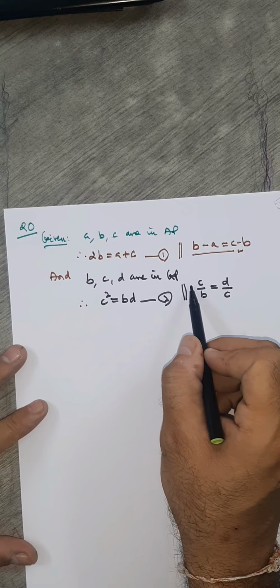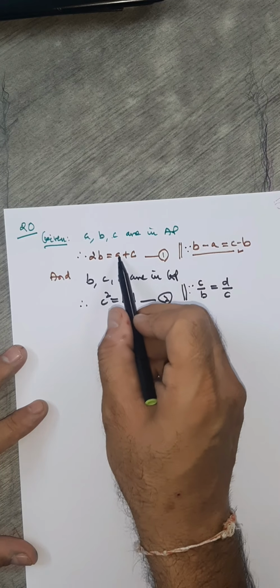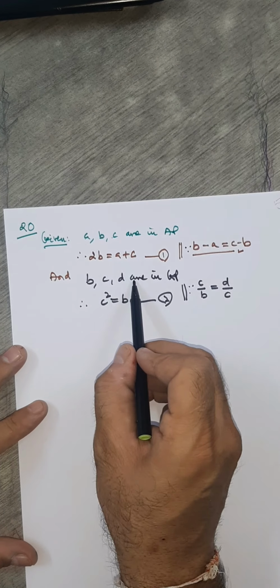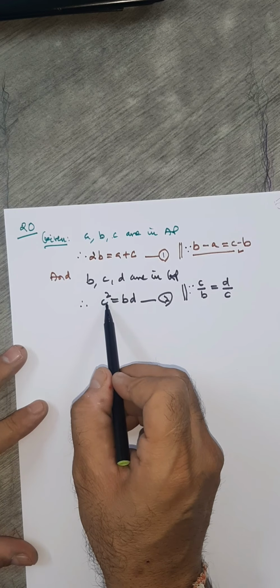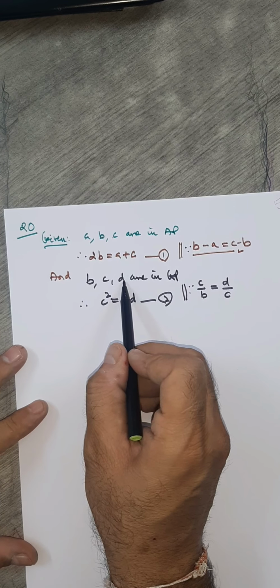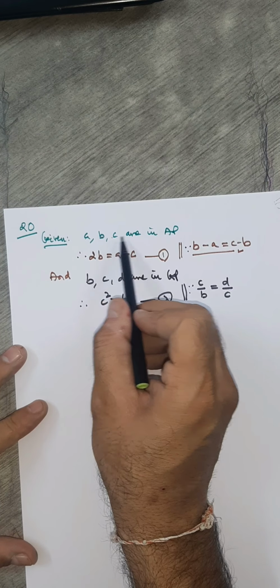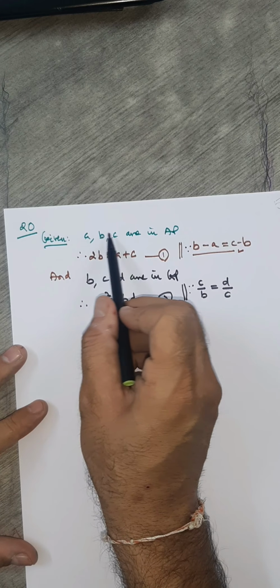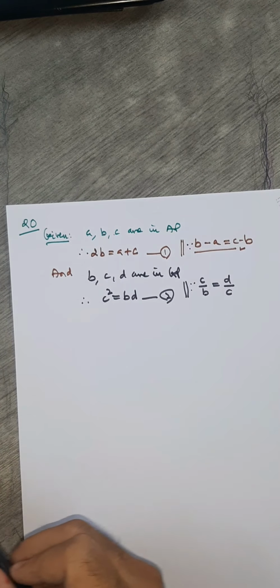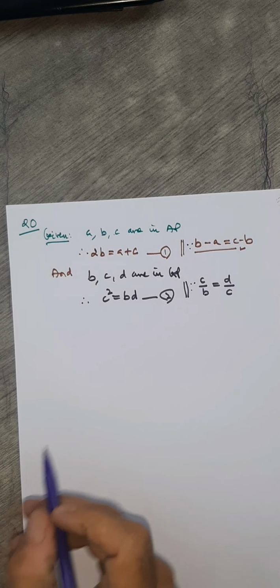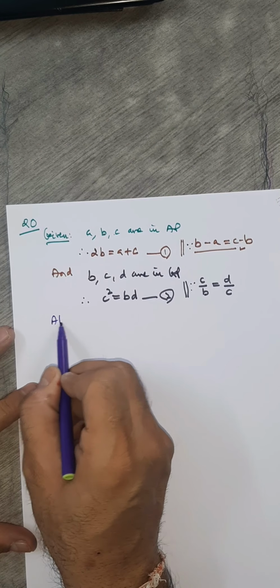So C² equals BD. You can write directly whenever three terms are in GP, the square of the middle one equals the product of the other two. Whenever three terms are in AP, twice the middle one equals the sum of the other two.